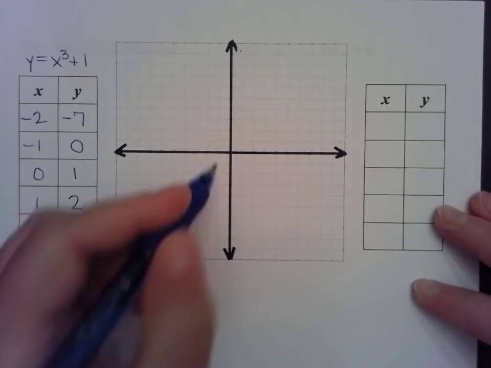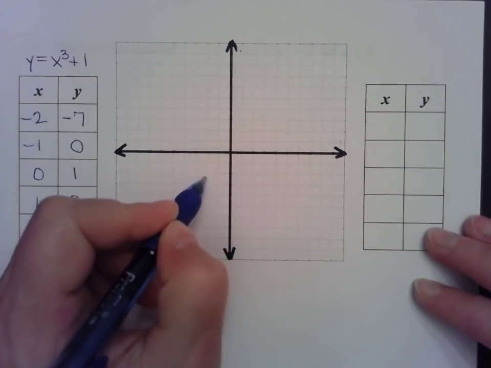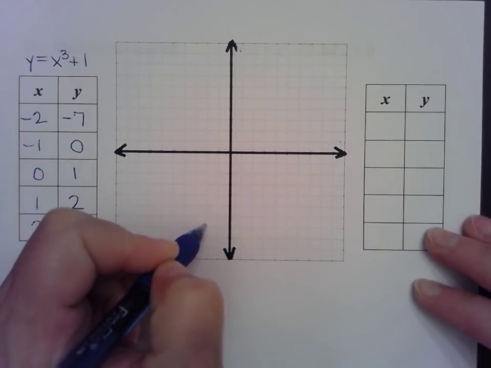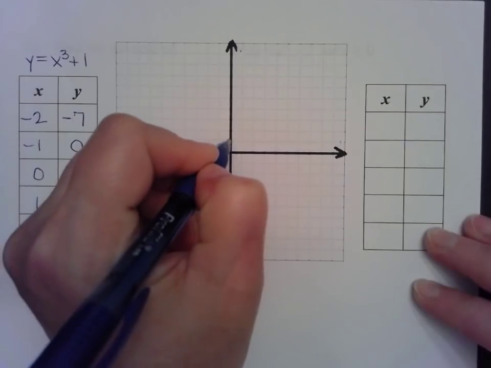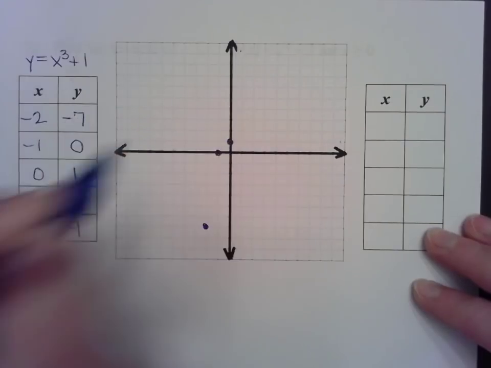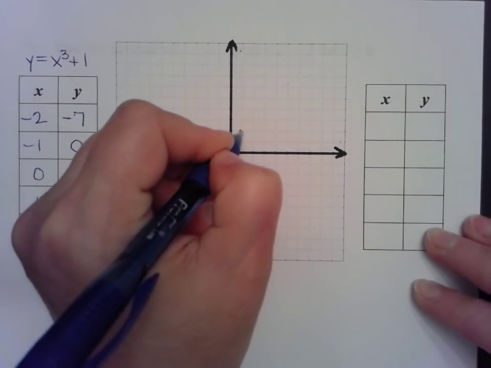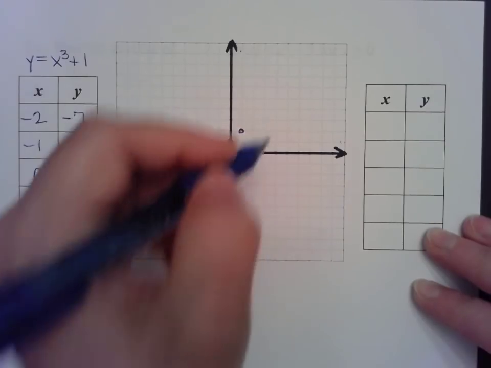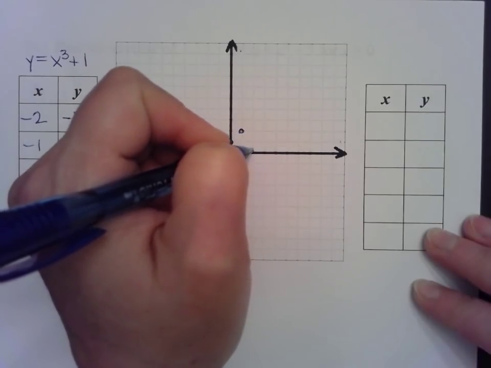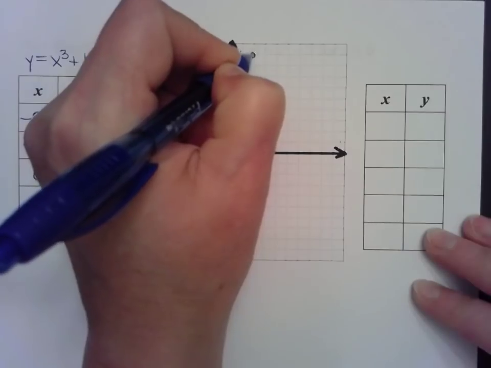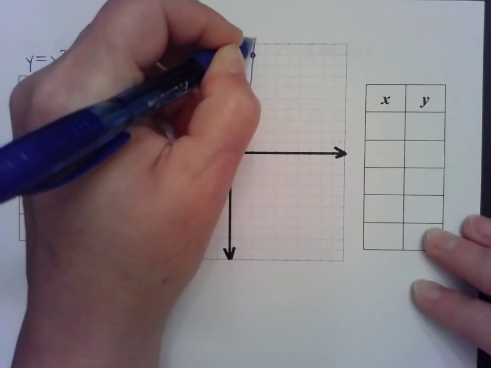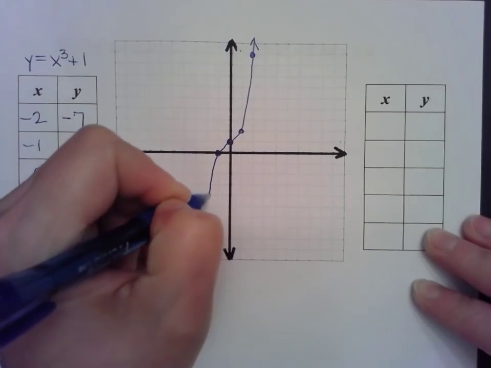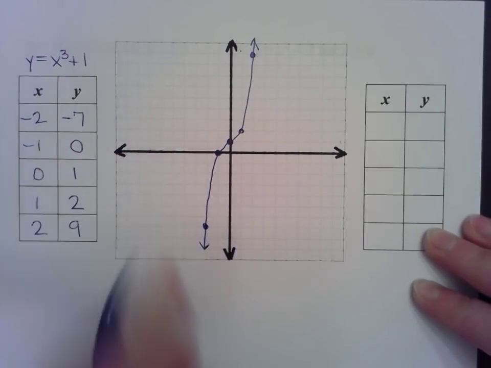So if we plot these points, -2, -7, -1, 0, 0, 1, that's the center point, 1, 2, and 2, 9, and it's the cubing shape that we've graphed many times that shifted up by 1.